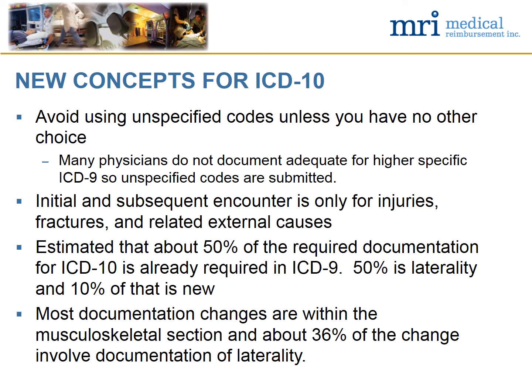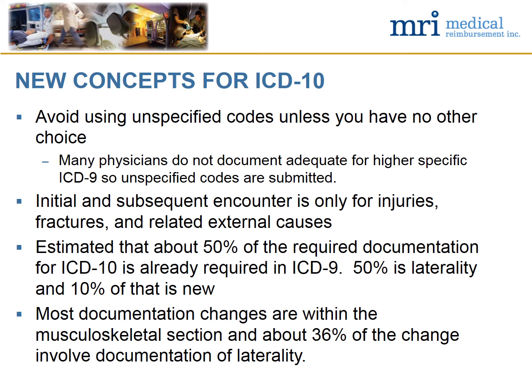So overall, the new concepts for ICD-10, we should avoid using unspecified codes unless you have no other choice. For instance, if a patient comes in and they have a laceration or a sprain of the knee, there are codes that state unspecified knee.